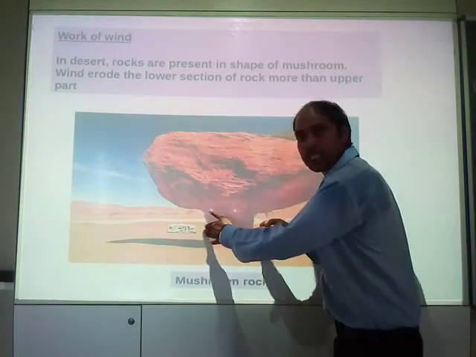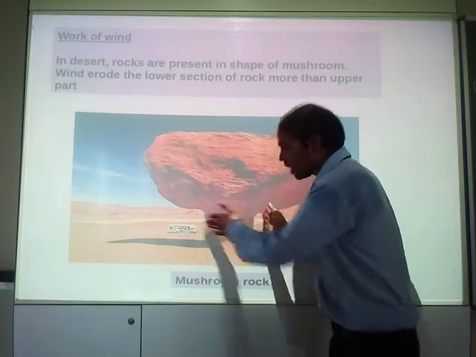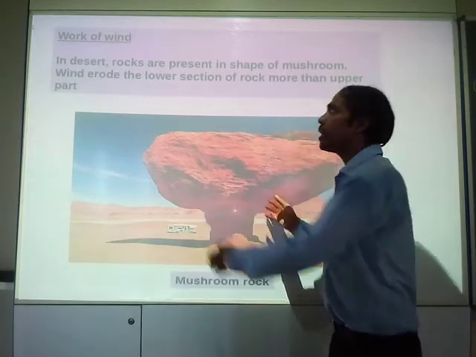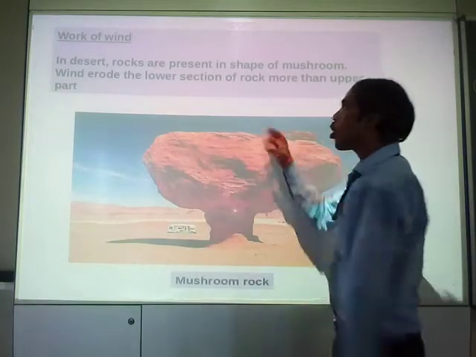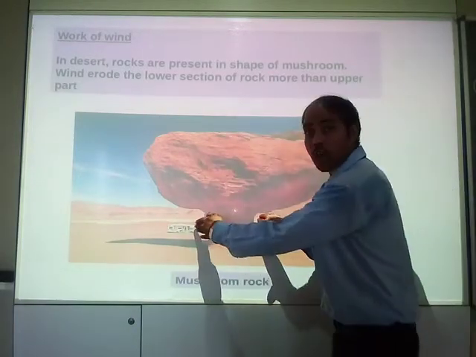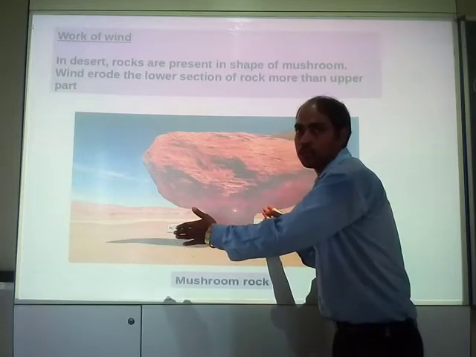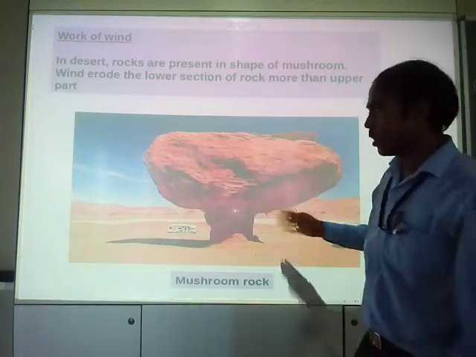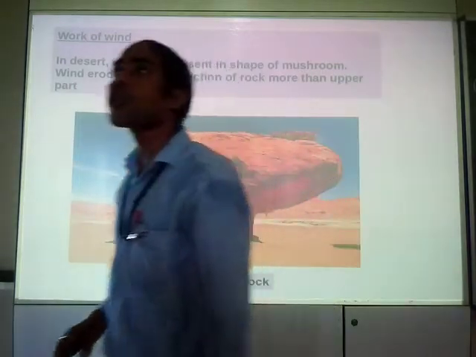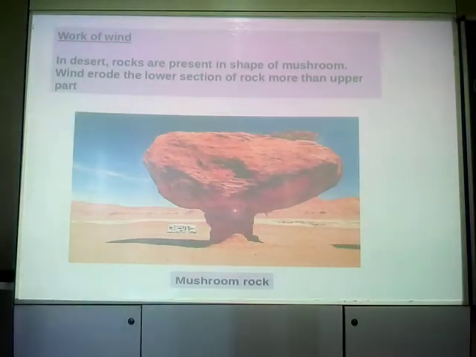The lower section of the rock gets eroded away, taken away, leaving the upper part as it is, or the lower section of the rock gets eroded more in comparison to the upper part, which leads to the formation of mushroom rocks. Clear? These are beautiful structures to watch, right? Yes.